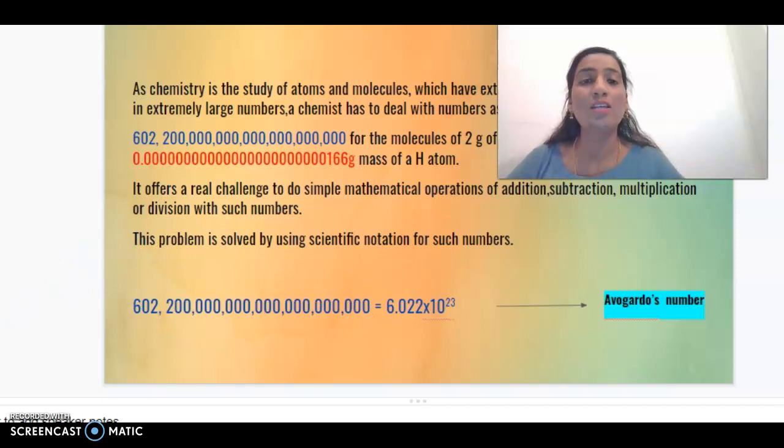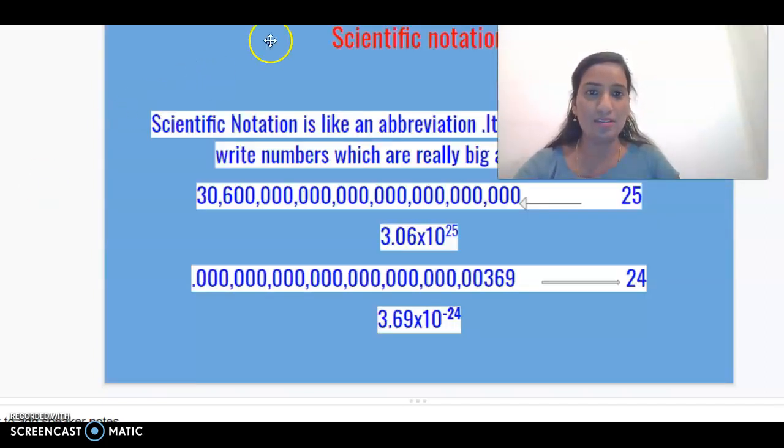So why do we learn scientific notation? Because as we are learning chemistry, we know chemists have to deal with very large numbers, and doing mathematical operations with such large numbers is quite difficult. It's really a pain for them. Even counting those zeros itself is really a pain, right? So we have to find a way to write these numbers.